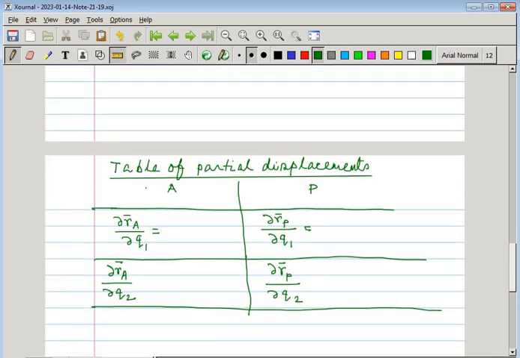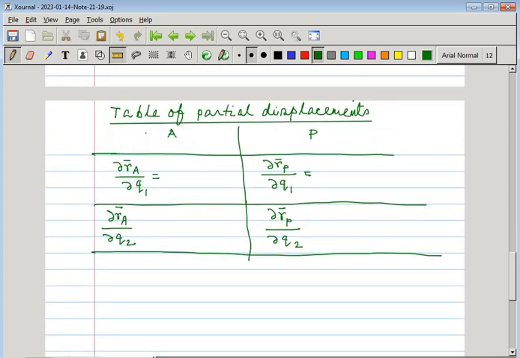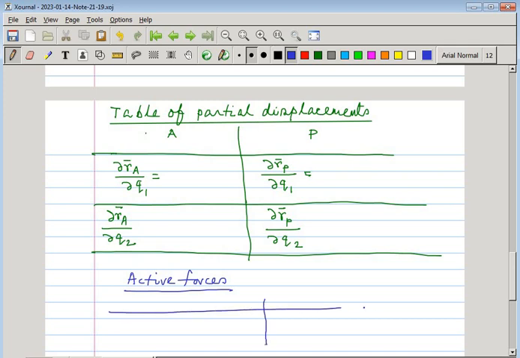And then here, active forces. The active forces are Fa and Fp.